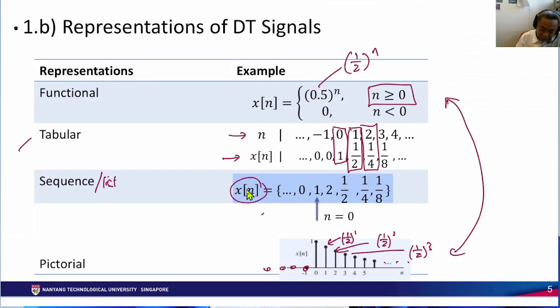We say that this is the list of values. But when we give you a list of values, we need to tell you exactly where n equals 0 is. Otherwise, you have no idea where this value lies in the sequence. So this is the representation of discrete time signals in these four forms.